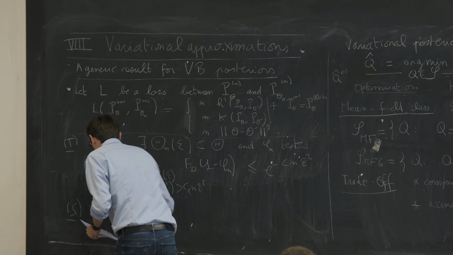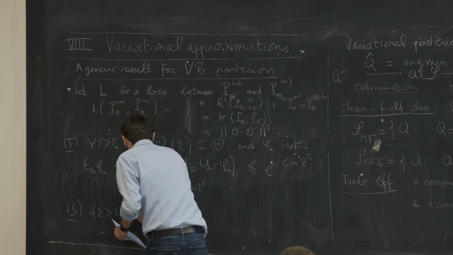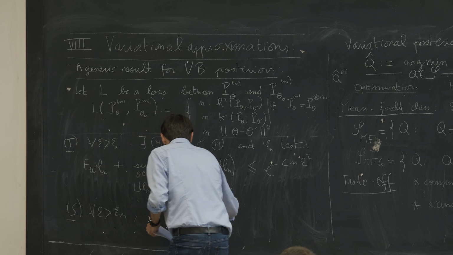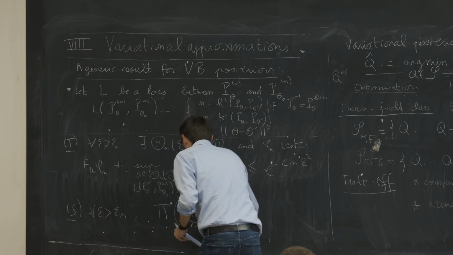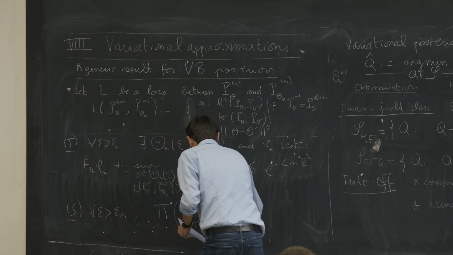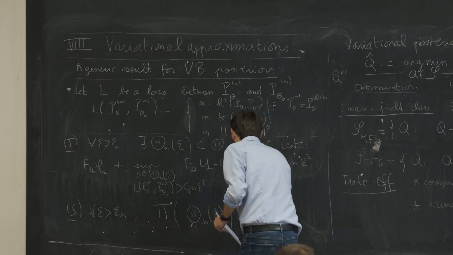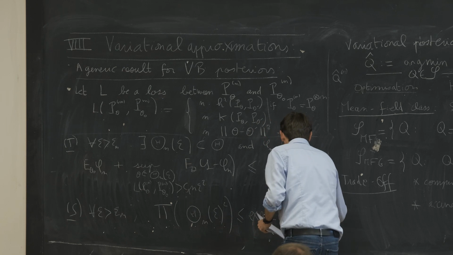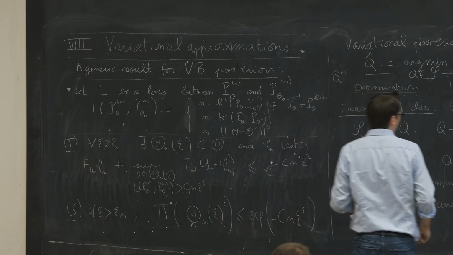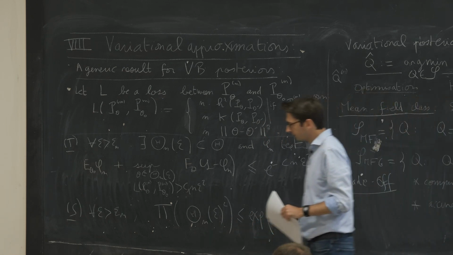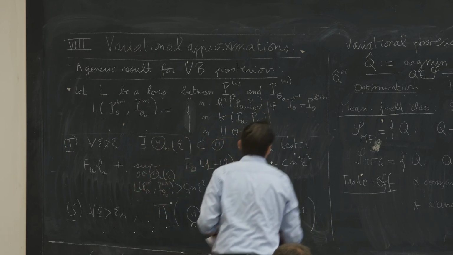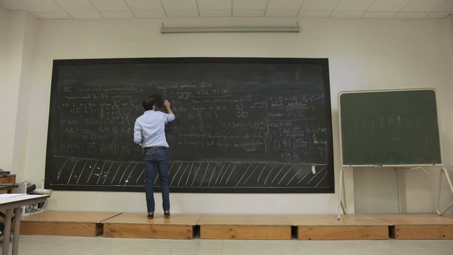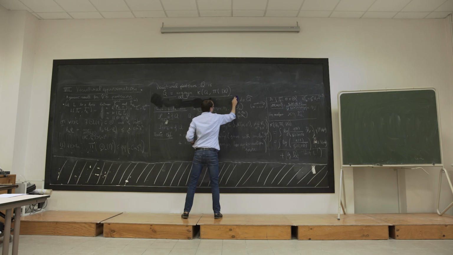And then the same for the sieve sets: pi of theta n epsilon complement is exponentially small. So the mass outside the sieve sets is small. And finally, the prior mass. Here there will be no epsilon, just epsilon n for the prior mass.